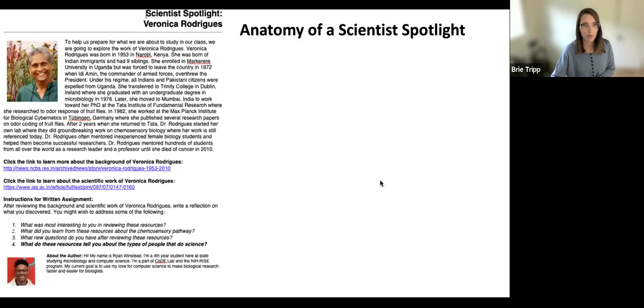So let's go ahead and check one out. This is the anatomy of every single Scientist Spotlight. We're going to be looking at a website that houses a huge repository of these types of assignments. All you have to do is download them, and then they're ready to go, ready to be embedded into your classroom.